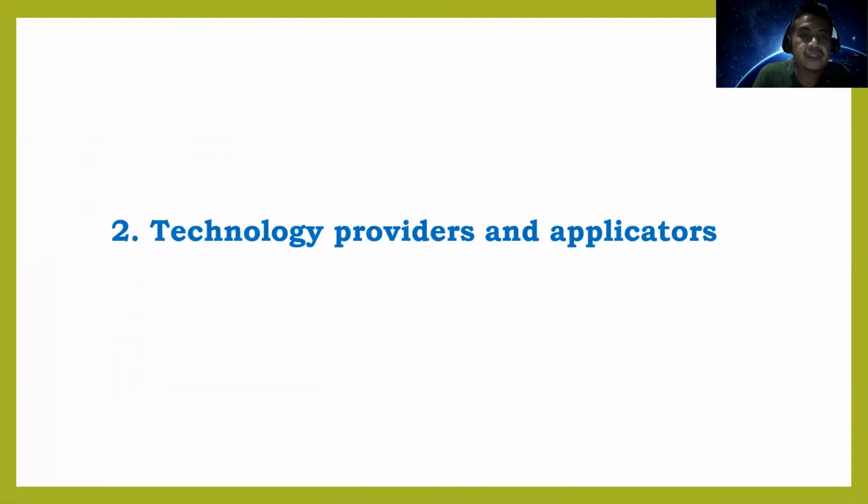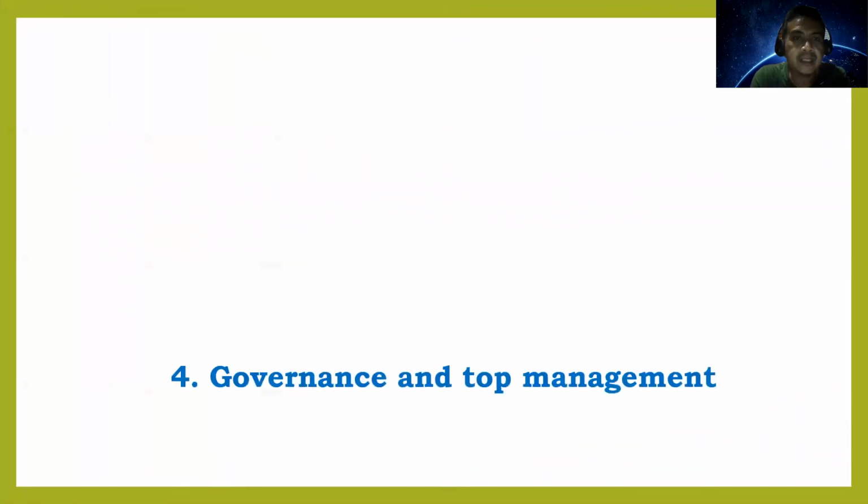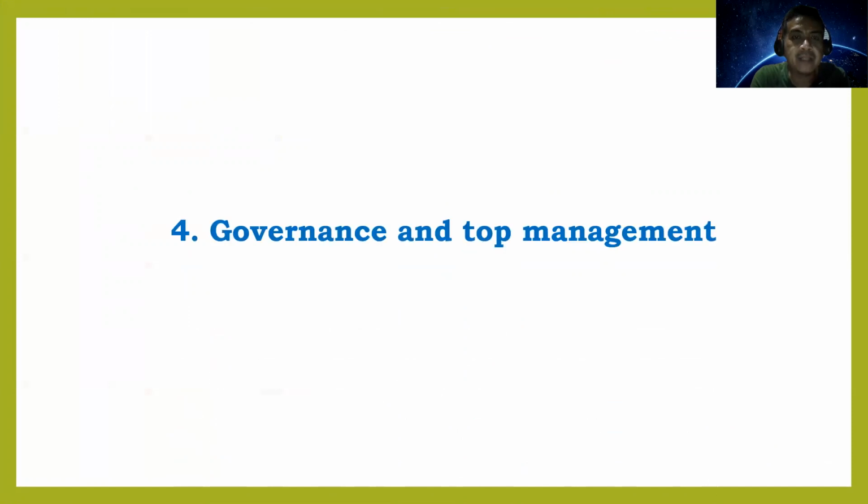Number two, the technology providers and applicators, who want to know if there will be sufficient funds to pay for the technology. Then we have the operating and support team, who want to know what programs, activities, tasks, and resources would be in place. And the last stakeholder is the governance and top management, who want to know what strategies and performance indicators are being proposed.